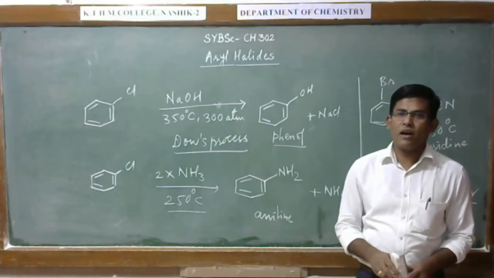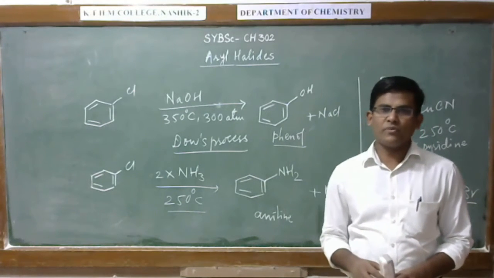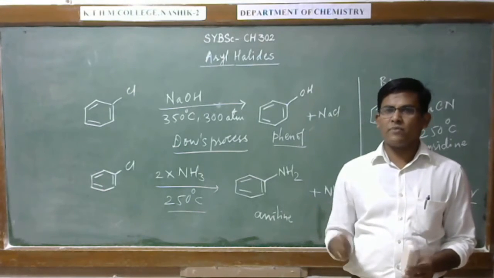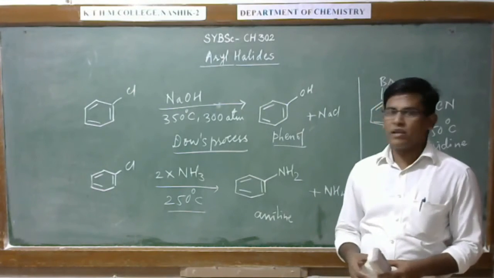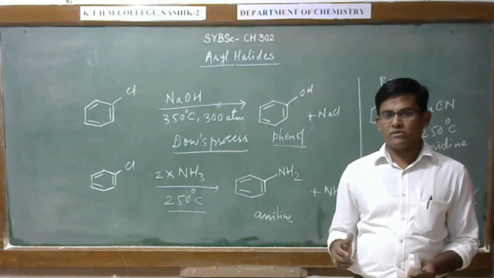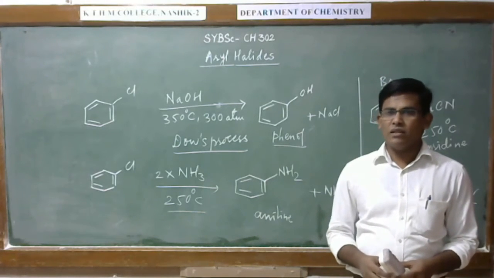So when you have an electron withdrawing group, for example nitro groups at ortho and para positions, the aromatic nucleophilic substitution reaction will occur.